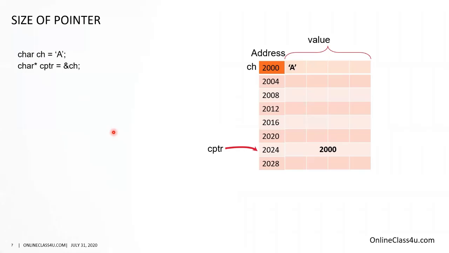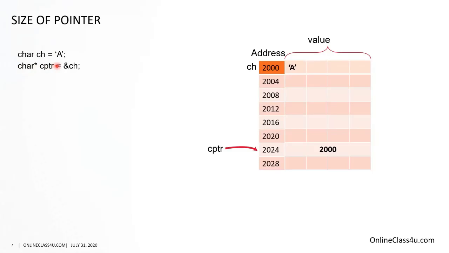Let's take another example to understand the sizeof operator in C. This time let's consider a character variable having the value 'a', at memory location 2000. The variable name is ch. How do we define it in C? char ch, and it is assigned 'a'.